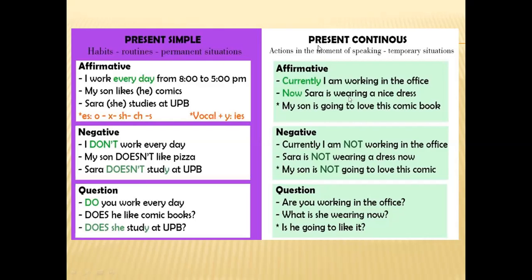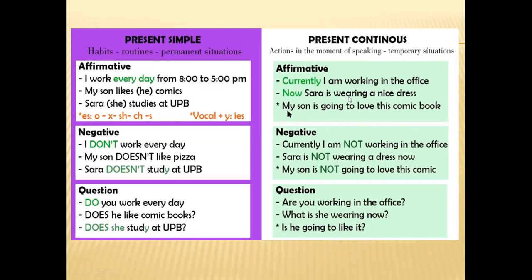Okay. Let's pay attention to present continuous. We use it for actions at the moment of speaking or temporary situations. In the affirmative form, pay attention. We can have the words that we previously mentioned. Currently, I am working in the office. Now, Sarah is wearing a nice dress.